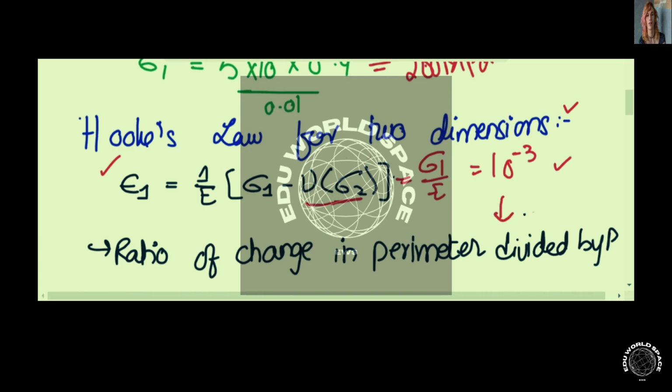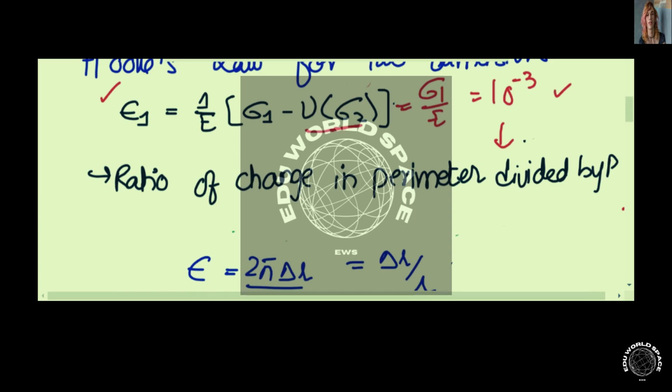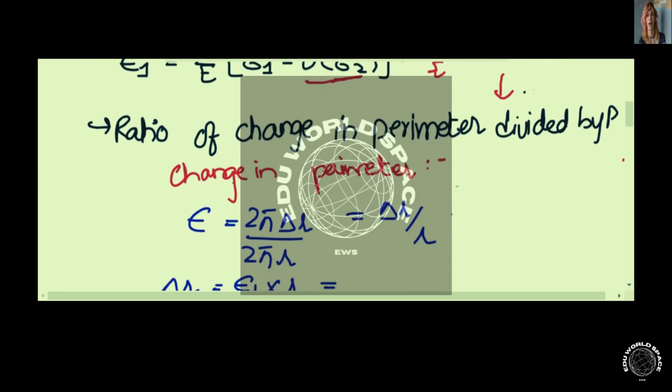Now, this equation also gives us the information about the ratio of change in perimeter divided by the perimeter. This change in perimeter can be written as this, which is equal to del r divided by r.